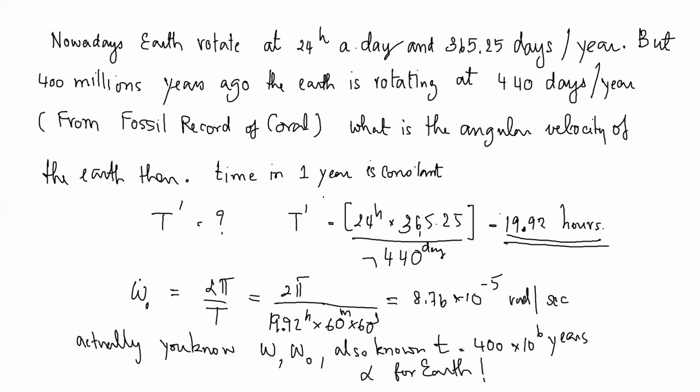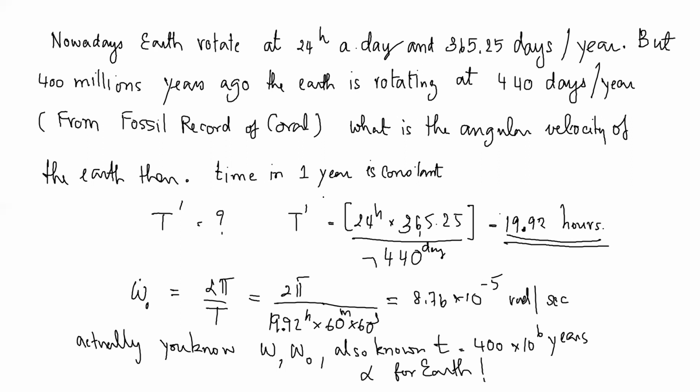So at this point, we have 365.25 days a year, and 1 day is 24 hours. So we have that at that time, the number of hours in a year is 24 times 365.25. But at that time, it rotates 440 times.